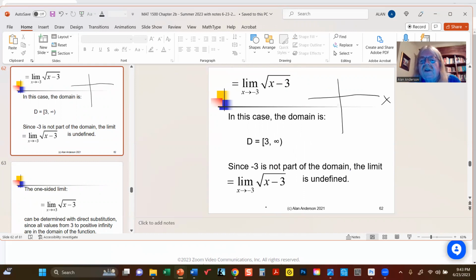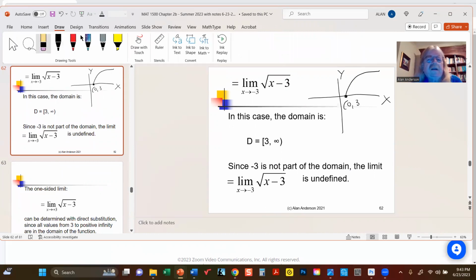This is what the graph looks like, more or less. It's not perfect, but it's a pretty good approximation to what this graph actually looks like. So in other words, starting at 3, every value of x produces a value of y. Once we get below 3, we'll have a negative square root, which means we'd have an imaginary number.